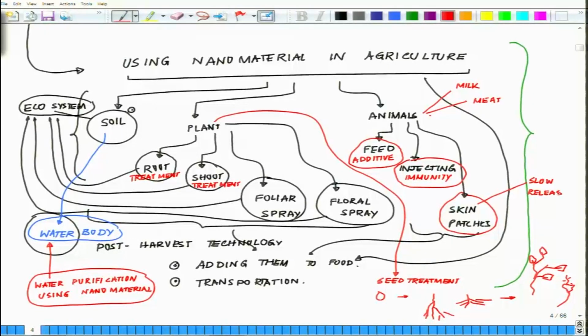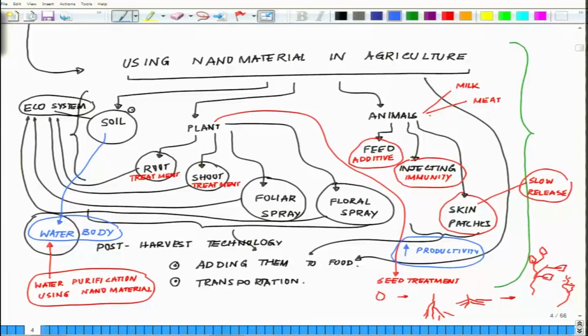The overall goal of these kinds of applications is enhancing productivity, both in the plant and the animal world.